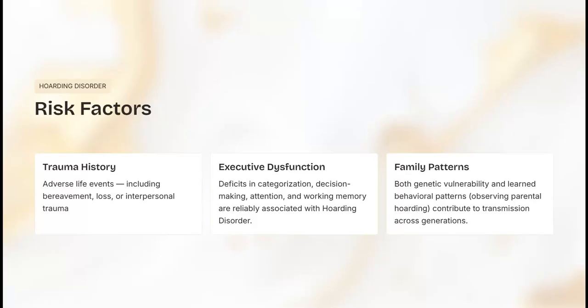Hoarding also tends to have a genetic predisposition where it tends to run in families. So it may be some learned behavior where the child observed parental hoarding, and that can contribute to the transmission among those generations. So understanding those risk factors is very important to determine the most appropriate therapeutic treatment.